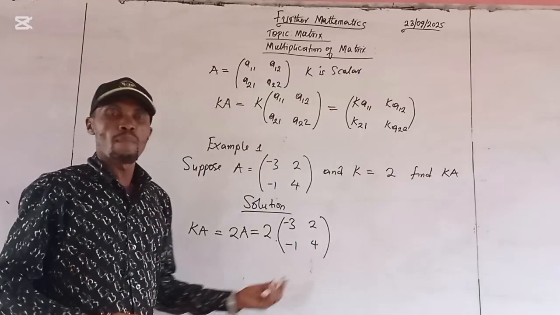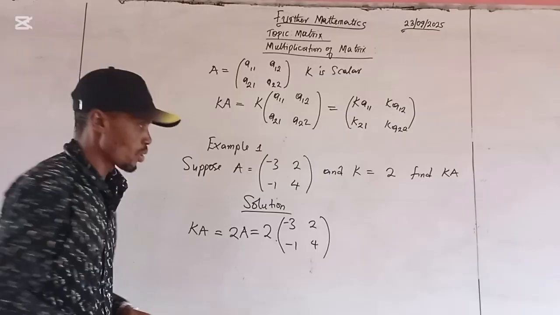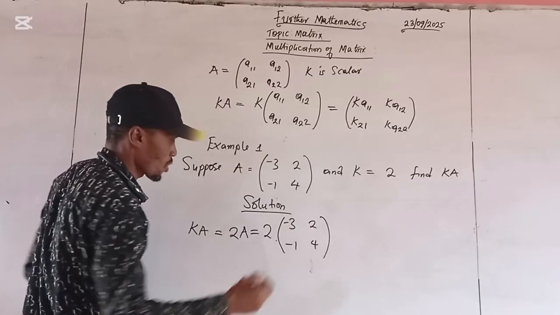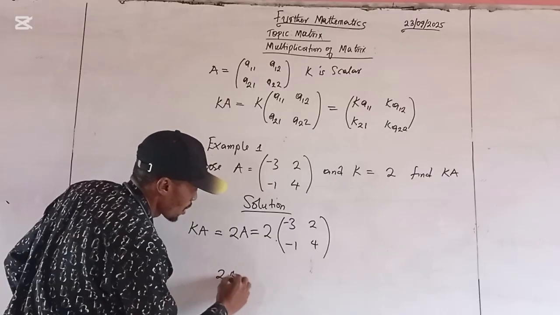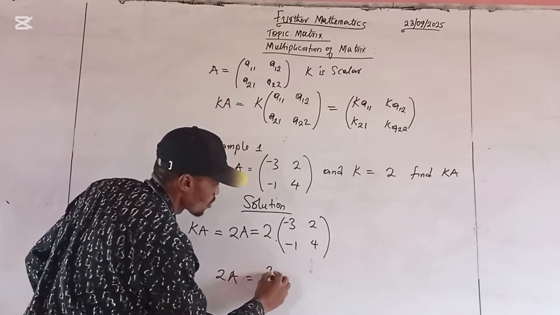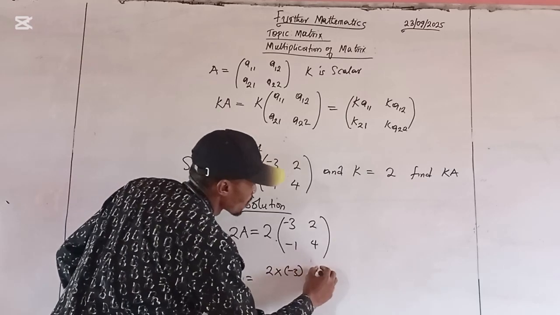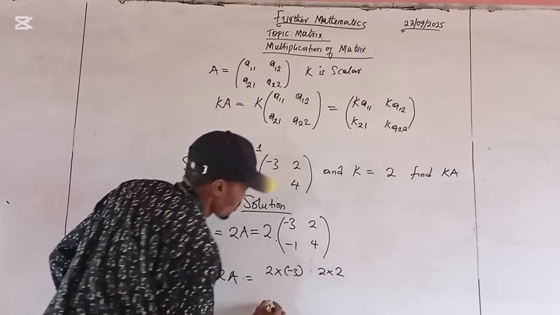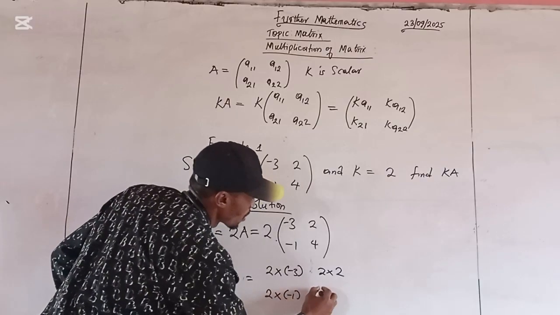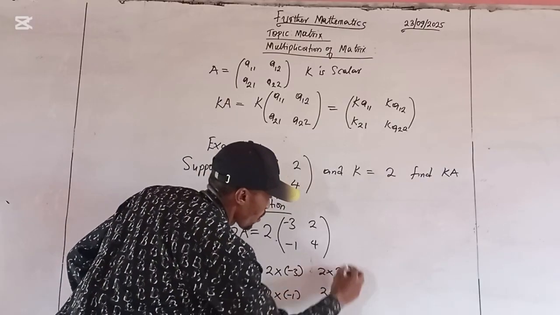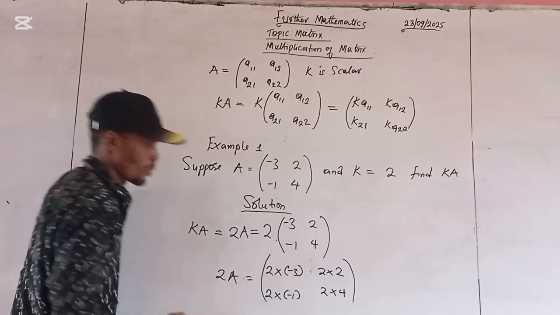The next thing is to simplify what we have already done. Let's simplify this expression. We are going to have 2A is equal to 2 times -3, 2 times 2, 2 times -1, 2 times 4, close brackets. Okay?